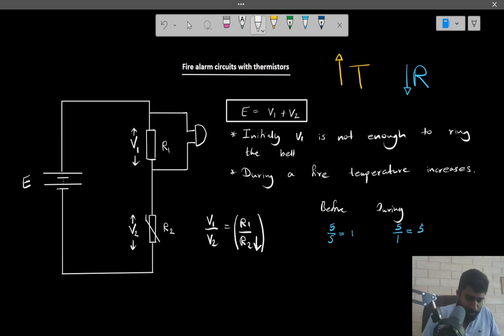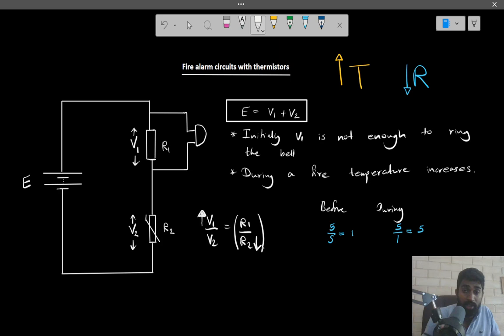Now we have an equation, so if the right-hand side increases during a fire, the left-hand side also should increase. So if this number increases, then V1 should increase to get a higher number, the same as this one.